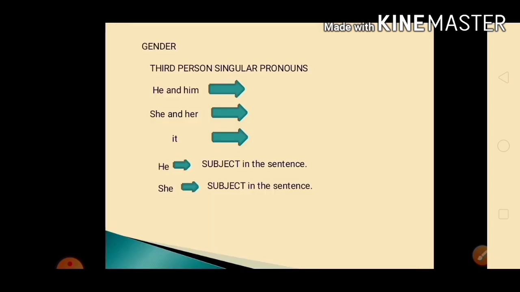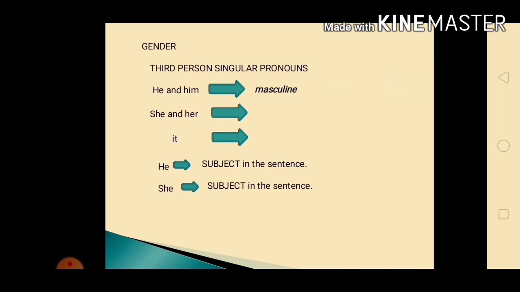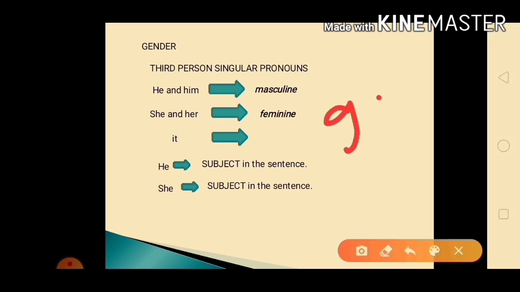What I mean to say is this: the third person singular pronouns. If we talk about he and him, we are referring to masculine, or boys. But when it is she and her, we are talking about feminine. We are talking about girls.